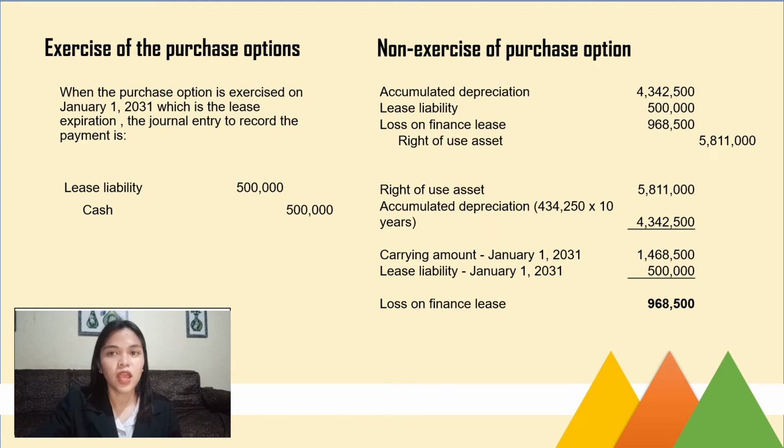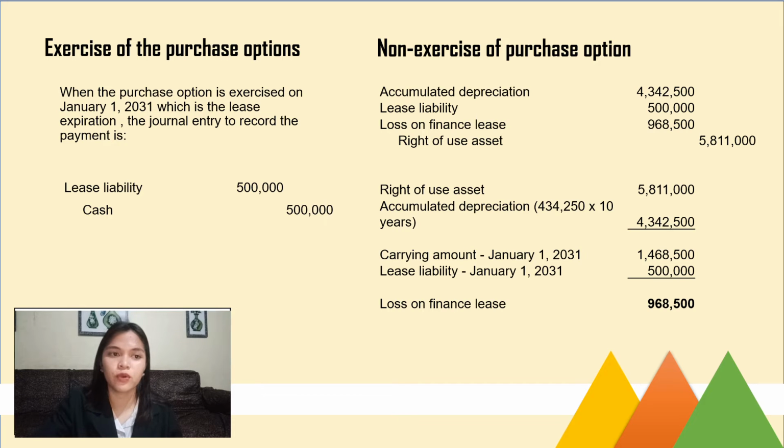So, ito yung journal entries niya. We debit accumulated depreciation amounting to 4,342,500. We debit lease liability amounting to 500,000 and we debit loss on finance lease amounting to 968,500. And lastly, we credit right-of-use asset amounting to 5,811,000.